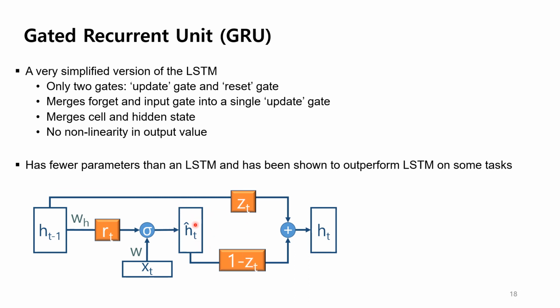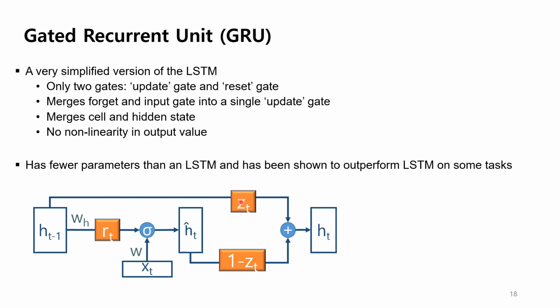This value becomes the value of the next hidden node. And if this is 1, then the candidate is ignored, and the previous value, regardless of the candidate, simply becomes the value in the next step.